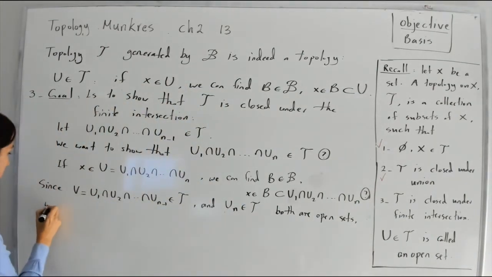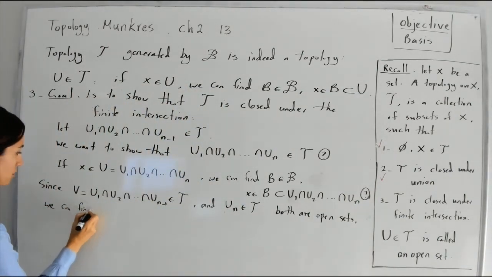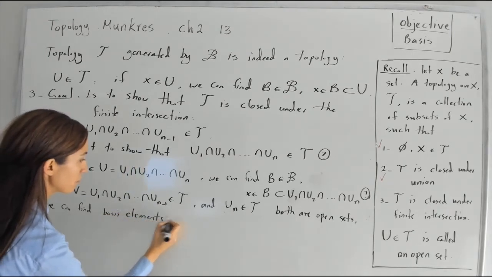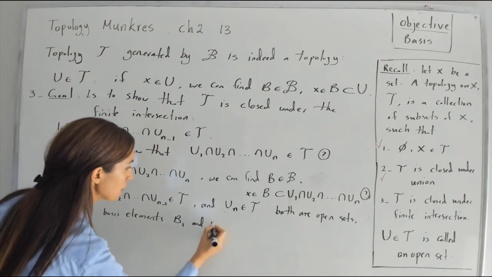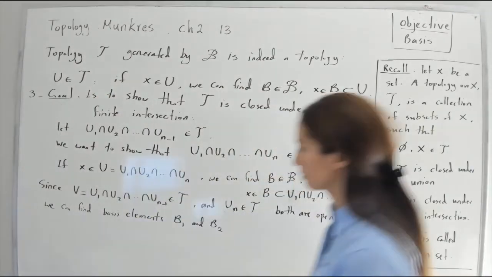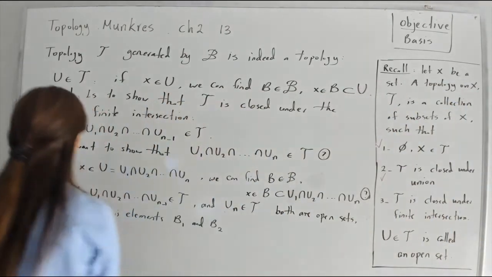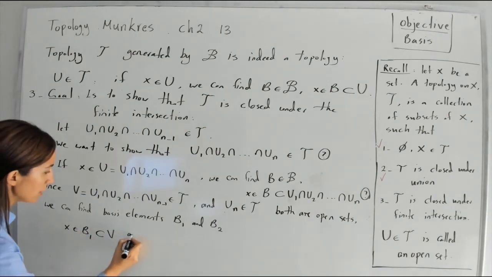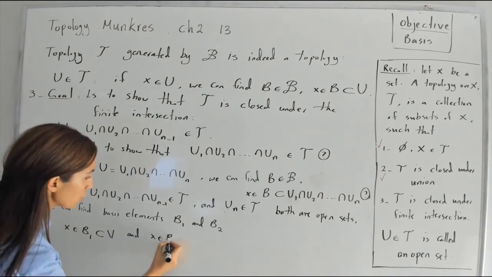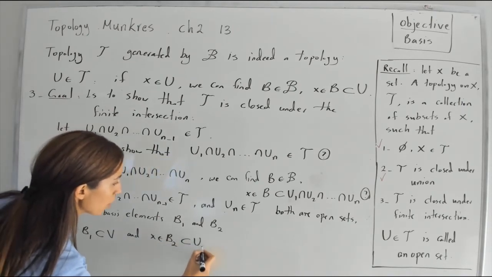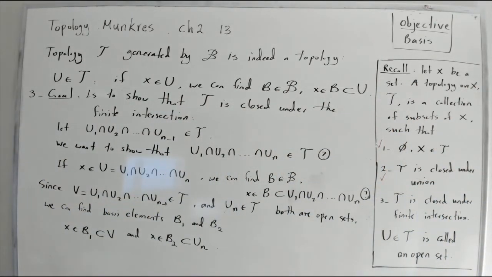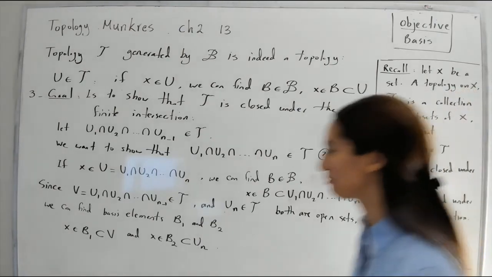we can find basis elements like B1 and B2 such that X belongs to B1, subset of V, and X belongs to B2, subset of UN. Following the definitions, now it's the same as before.